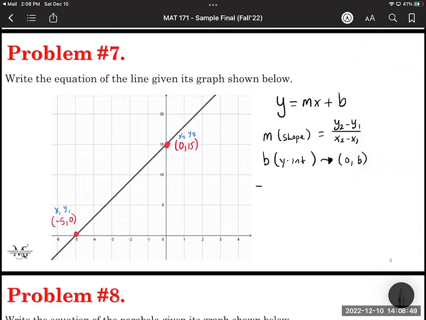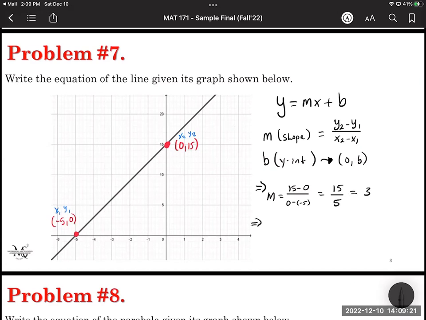Right, so for the value of m, we get 15 minus 0 over x2 minus x1. So that's 0 minus -5. What's 15 minus 0? That's 15. What's 0 minus -5? That's 5, right? So 15 over 5 is equal to 3.